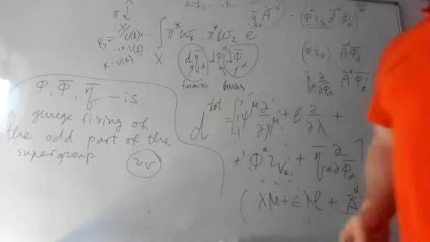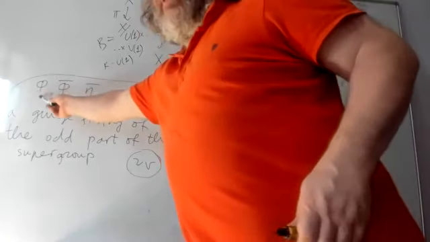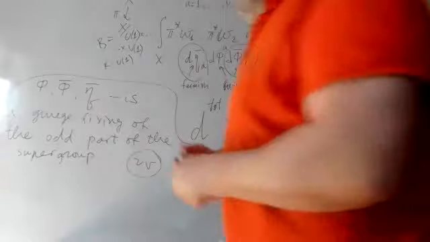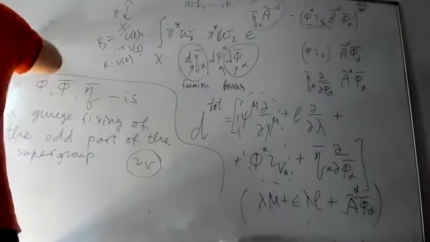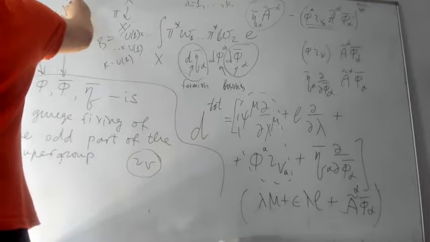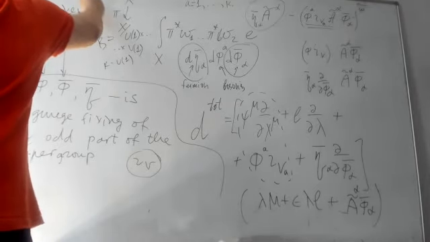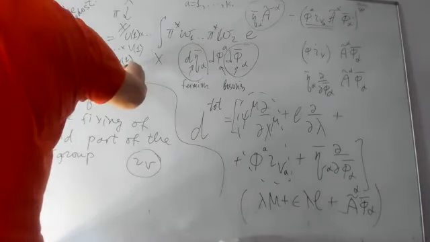Phi bar is an anti-ghost, or B-ghost in terms of Faddeev-Popov. So phi is a ghost like the C ghosts, and this is like the B ghost. And eta bar is like a Lagrange multiplier.